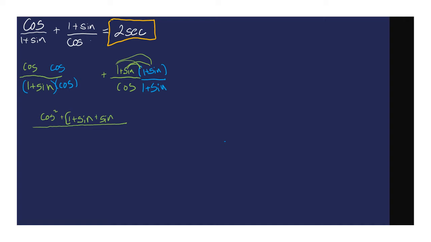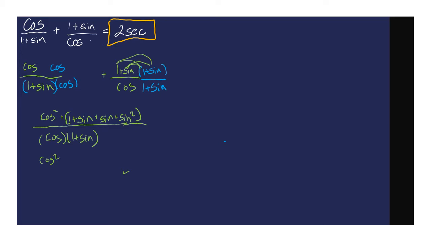Sine times sine is plus sine squared, all over cosine times 1 plus sine.